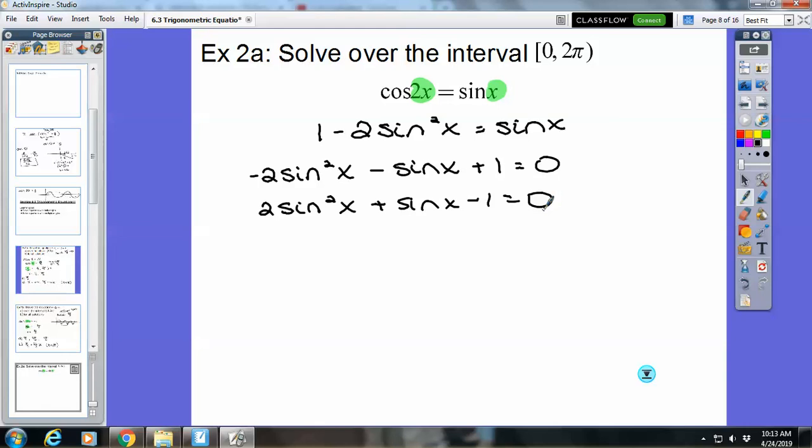At this point, let me ask you a question. Is this any different than the problems we were doing yesterday? No, because the original problem had a 2x in it, but we used an identity and got rid of it, so am I going to have to worry about double or triple solutions or solutions that don't fall in my interval? No, this is just like our old problems. So we just need to box method.